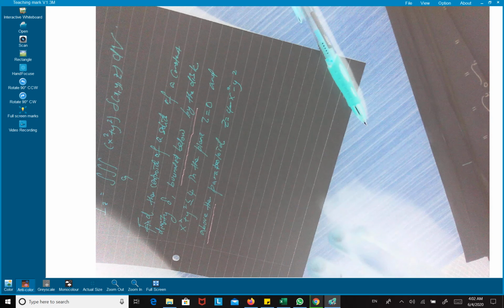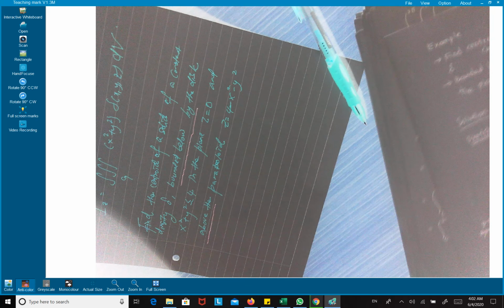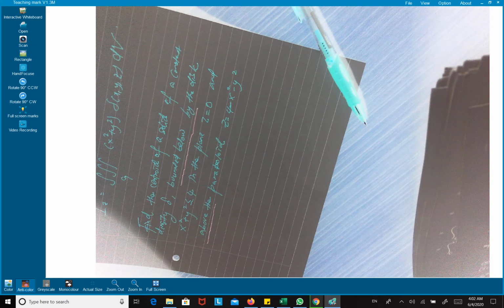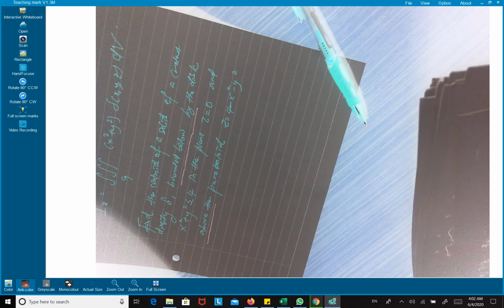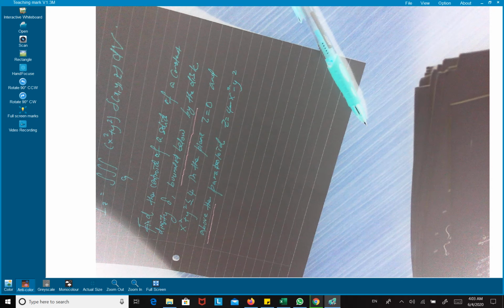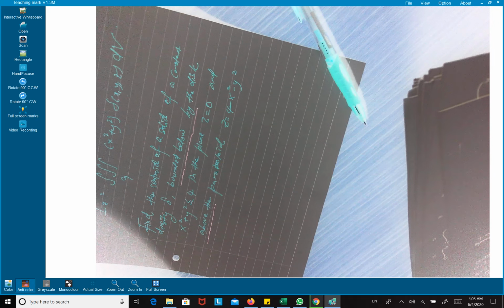Okay, we try to sketch first. We try to sketch the region. So bounded below by the disk, which means the region is bounded by the circle, or means above the circle.